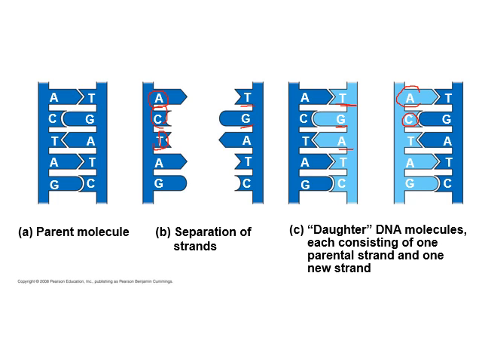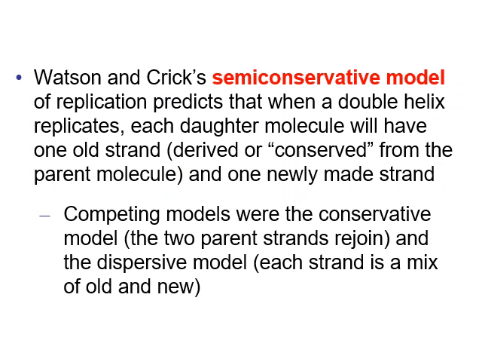So the opening of the original parent and using that as template was a revolutionary thought, because many other labs were trying to disprove other competing models. Watson and Crick called this the semi-conservative model.